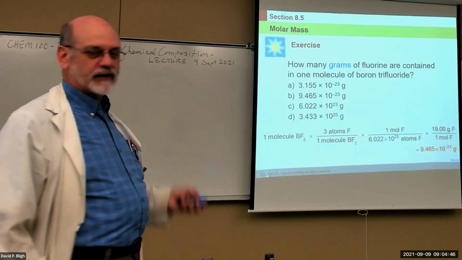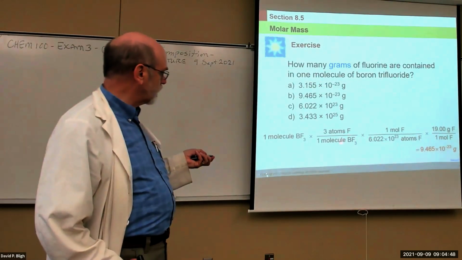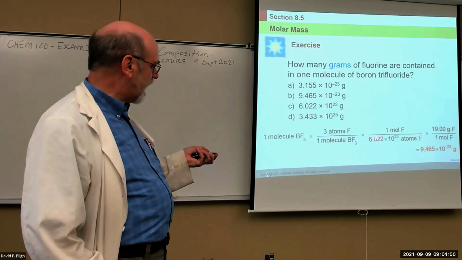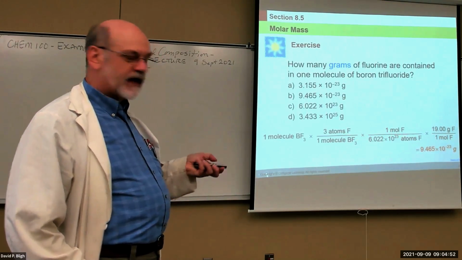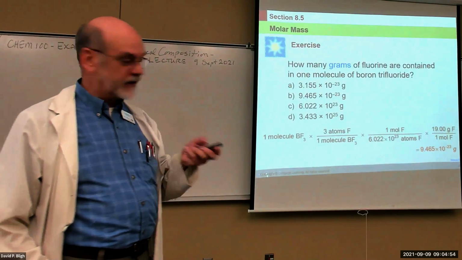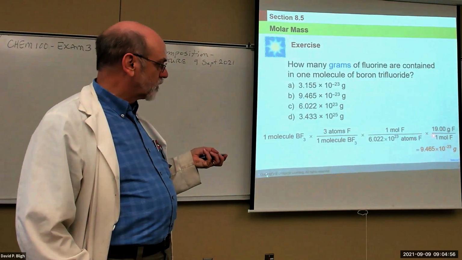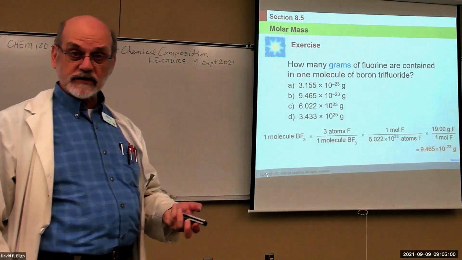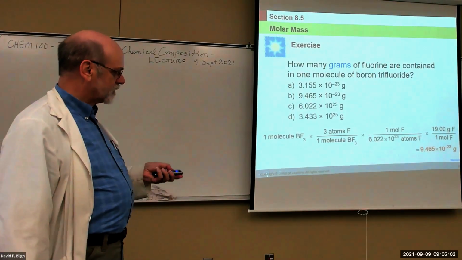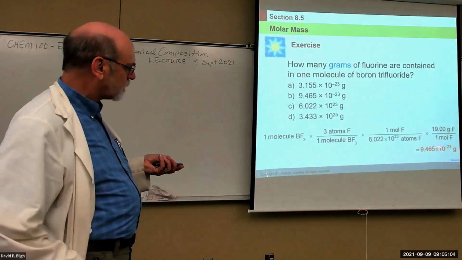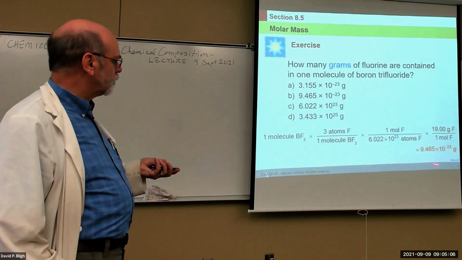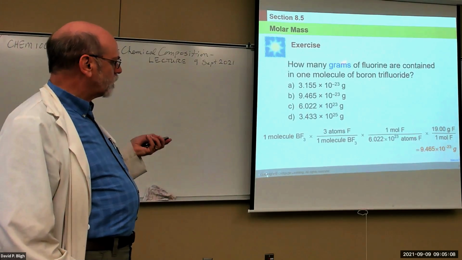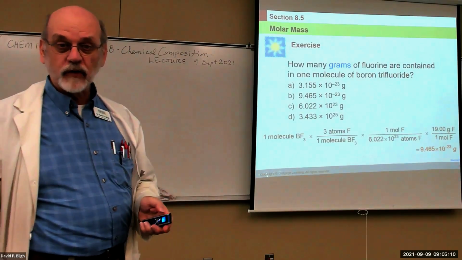And 3 atoms is how many moles? That's what we're doing here. We're converting atoms of fluorine to moles. And once we know the moles of fluorine, we can convert to grams using the molar mass of fluorine, which is 19.00. So that's how many grams of fluorine are in 1 molecule of boron trifluoride.